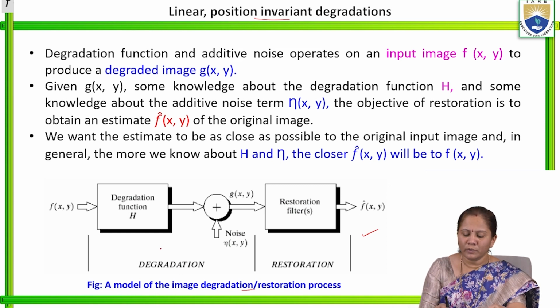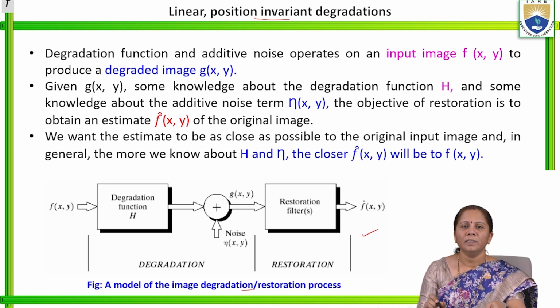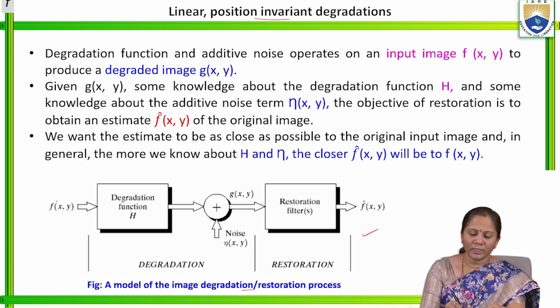If you see this image degradation restoration process, it consists of two stages, the degradation stage and the restoration stage. Here f of x is the input image, which is given to the degradation function h.